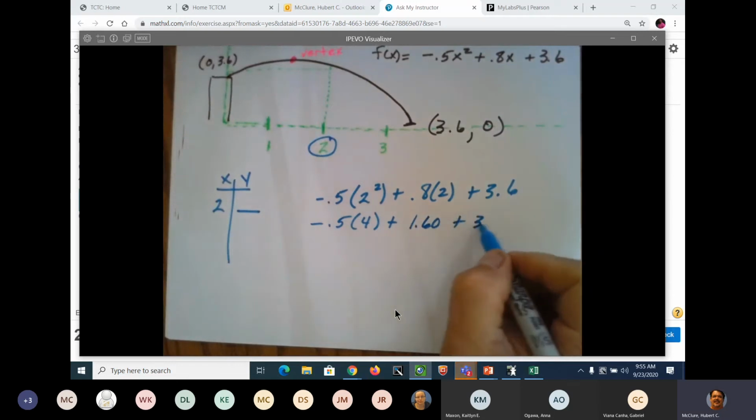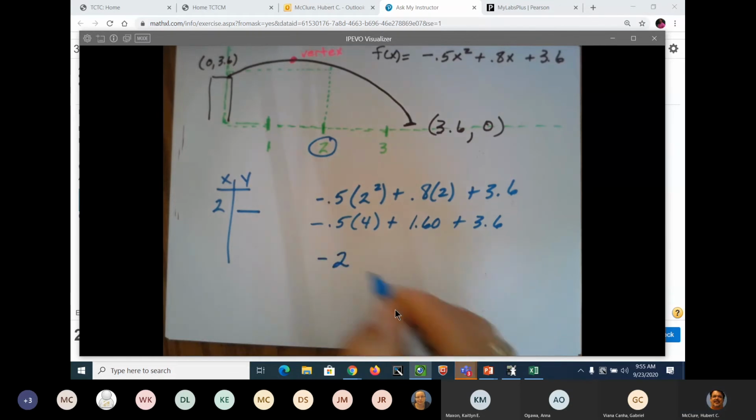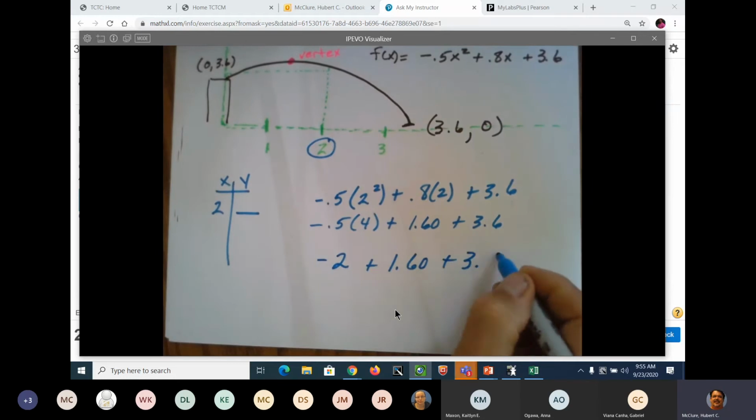Plus 3.6. All right, now this question right here, it's gonna make some of y'all really think. What's half of 4? 2. Thank you. Plus 1.6 plus 3.6.